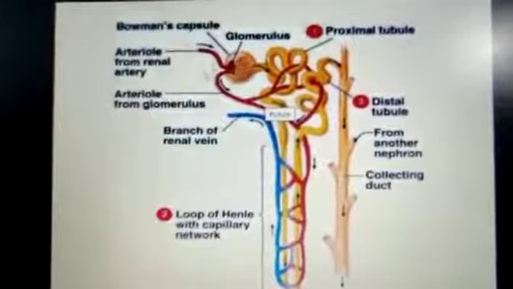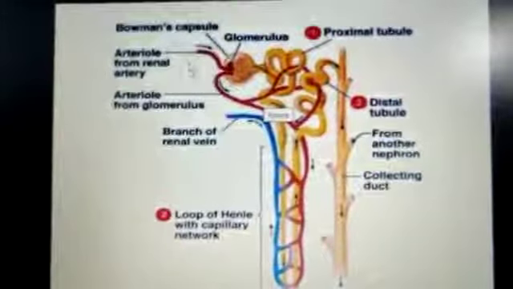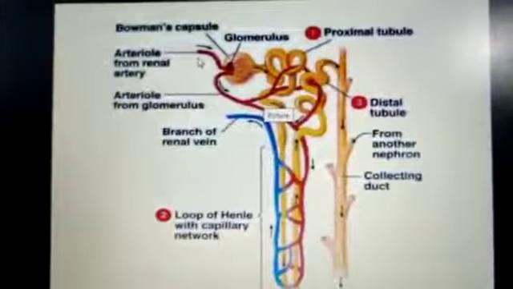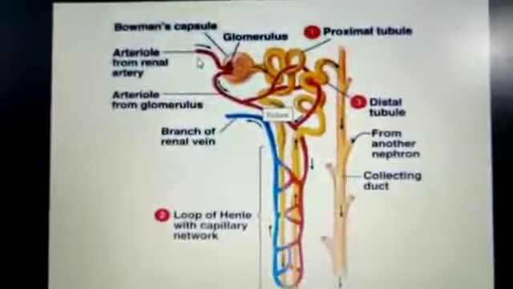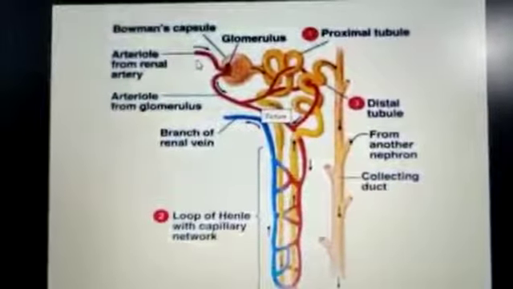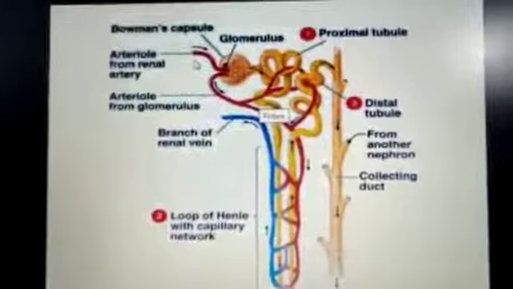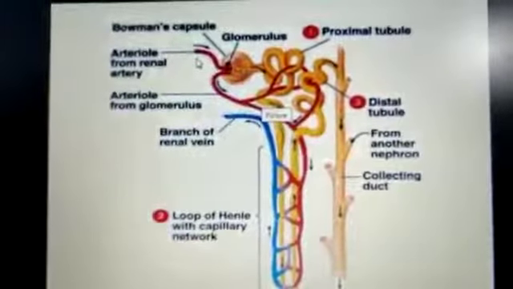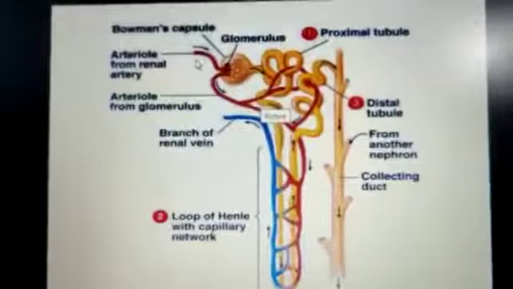Now this arteriole: as you studied, there are 3 types of blood vessels: arteries, veins and capillaries. The biggest artery is the aorta. Aorta branches into arteries, arteries branch into arterioles.